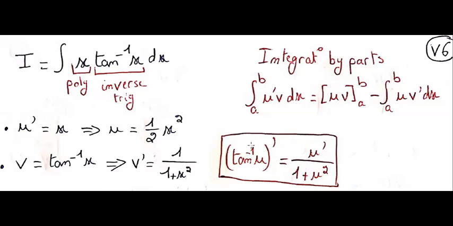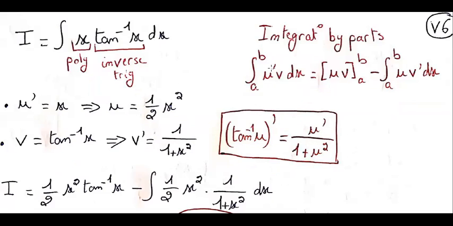Because, in case you don't know, the derivative of tangent inverse u, where u is a function of x, is u prime over 1 plus u squared. And here, u is x, so x prime is 1. So we get that it's 1 over 1 plus x squared.